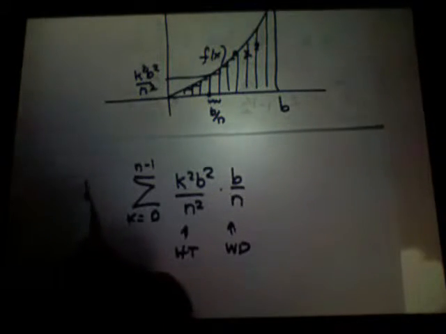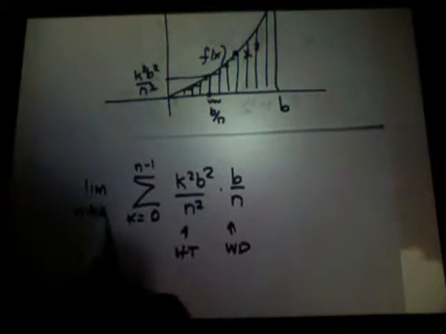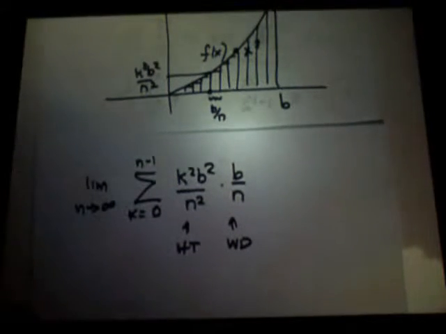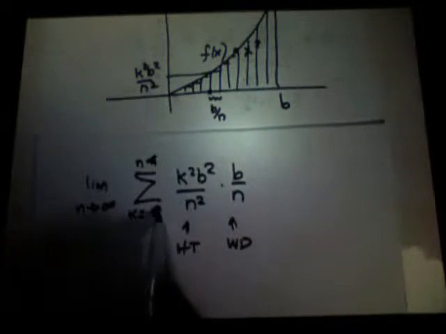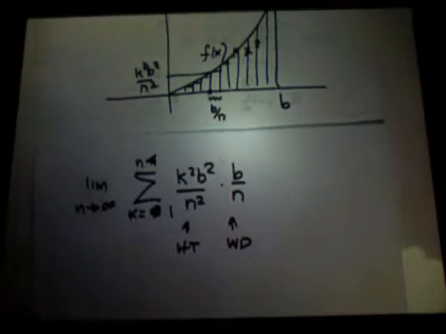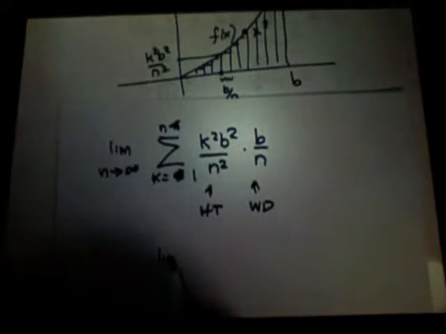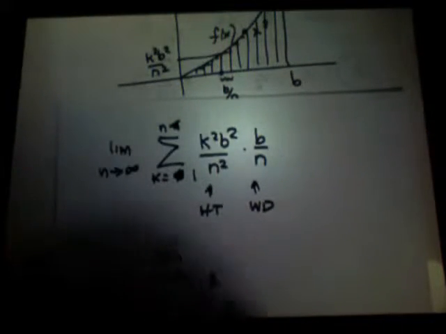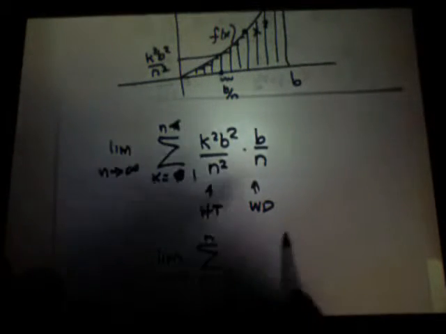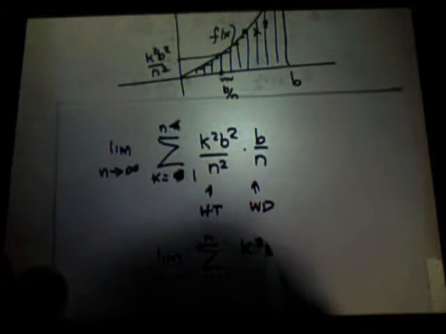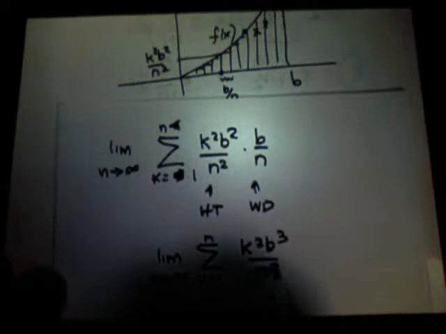So what is the limit as n goes to infinity of that? Well, as n goes to infinity, so does n minus 1, and there's no contribution at 0. I might as well start again. What I have to do is find the limit as n goes to infinity of the sum from 1 to n of k squared b cubed over n cubed, right?